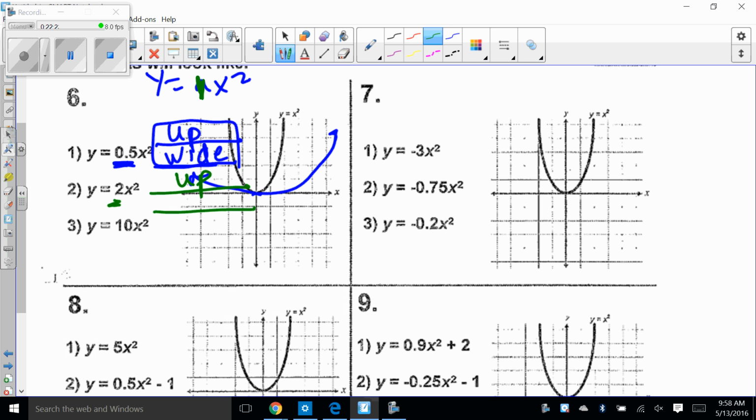This was a 1 that we're working off of. We went from a 1 to 2, getting steeper, so that means it's getting tighter or more narrow. So the words should be up because it's positive, narrow because it's getting steeper. In the next example, looking at our a value, it's positive, so it opens up again. It's growing even steeper. We went from 1 to 2 to 10, so it's growing even more narrow.